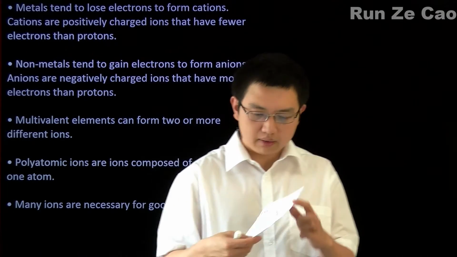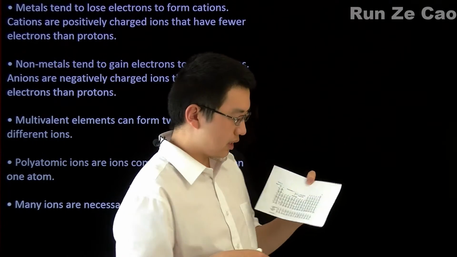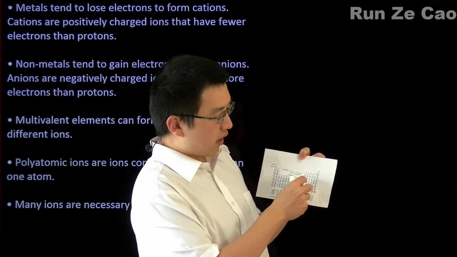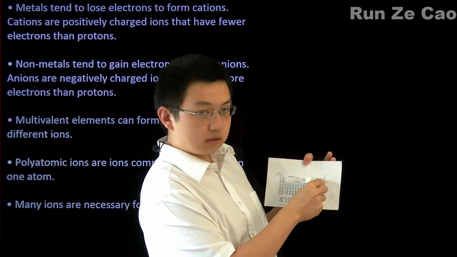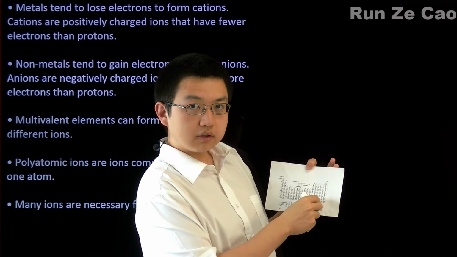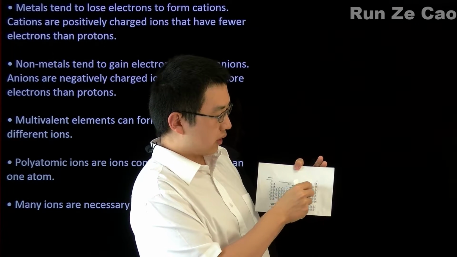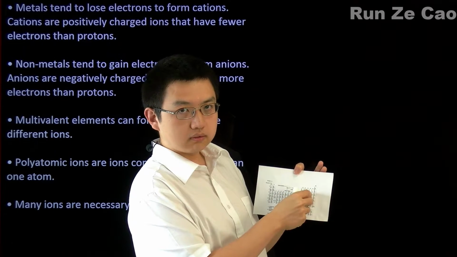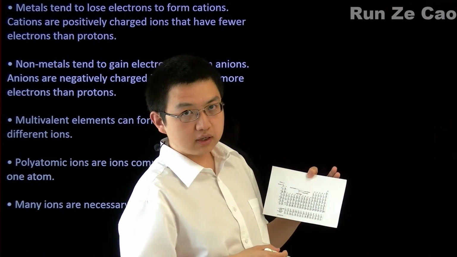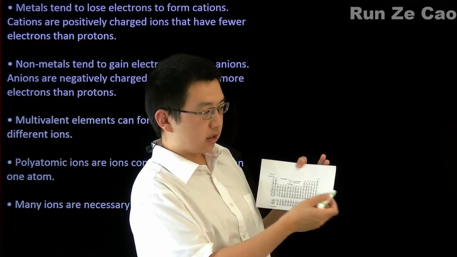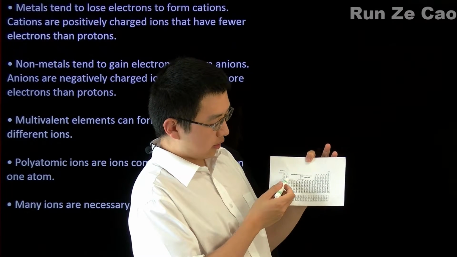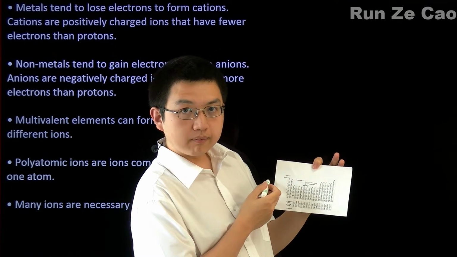Why might this be? Well, if we look at a pretty picture, i.e. a periodic table, we find that for the nonmetals, it's faster to get to the nearest noble gas configuration by gaining electrons, whereas for metals, it's faster to lose them.